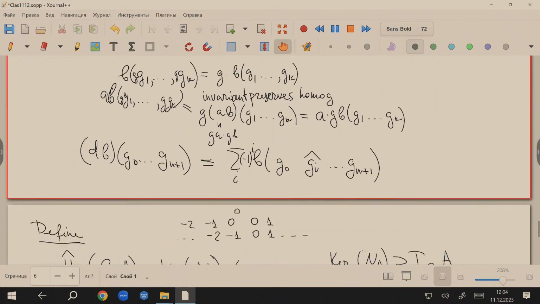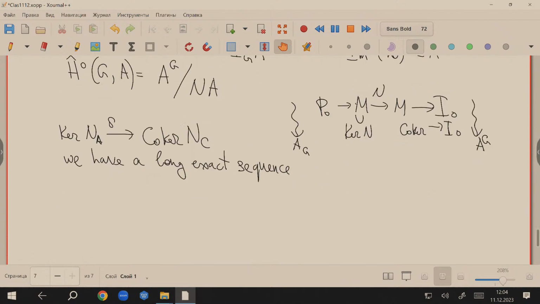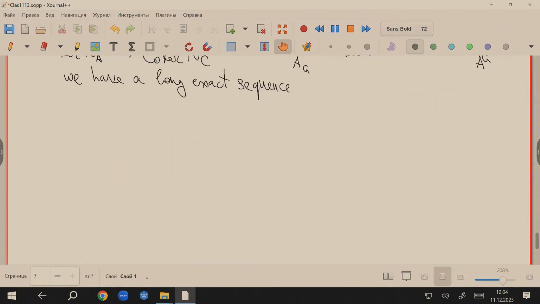But there is also an interior product that can be introduced.